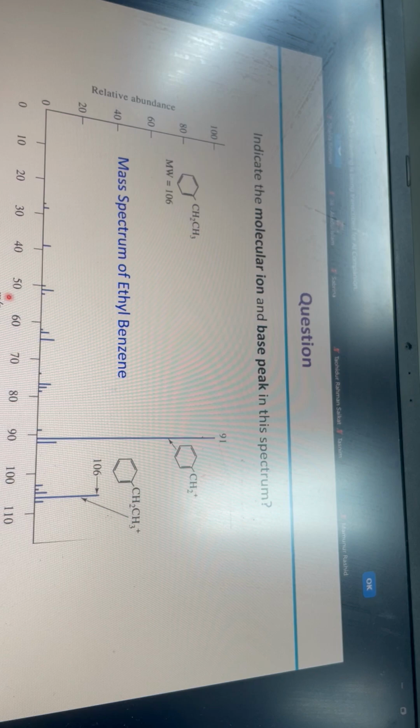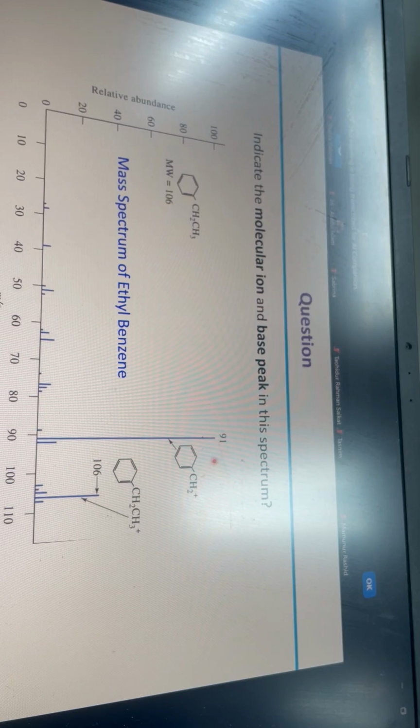And on the x-axis you have the mass to charge ratio, and on the y-axis you have abundance. It's relative abundance because whatever the real abundance, you converted it to 0 to 100. Let's say in class you have an exam, and your teacher maybe graded your exam out of 100 or out of 50 or 25, but you converted all those into GPA on a 0 to 5 or 0 to 4 scale.